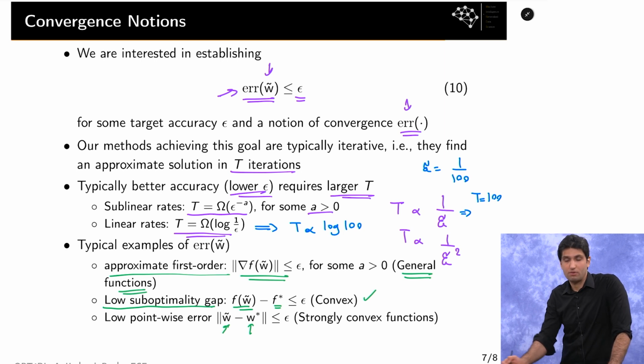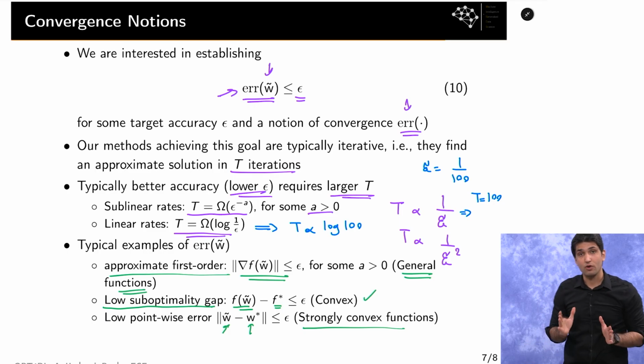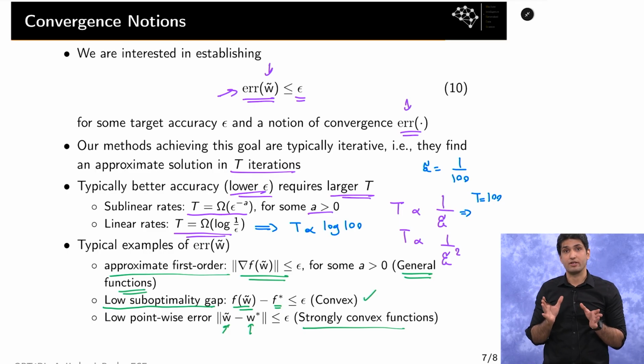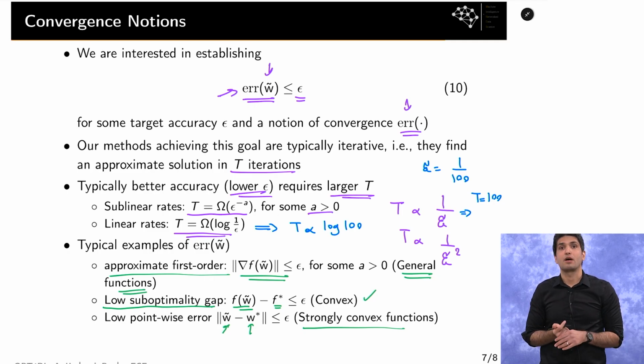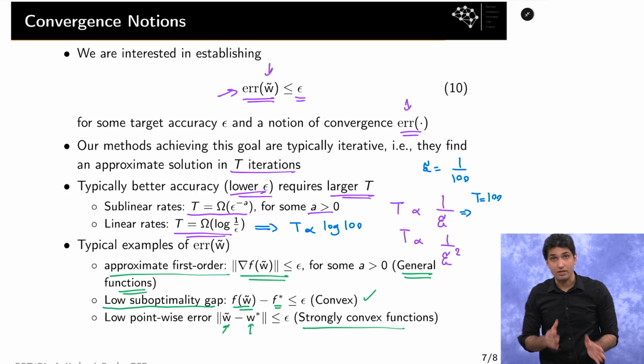So I would say this condition is more pertinent when you are talking about strongly convex functions, where it is guaranteed that you have a unique minimizer, or you are focusing on a specific region in the loss landscape, such that you can assume there is only a single solution, and you want to see how far the solution returned by your algorithm is from that specific solution.